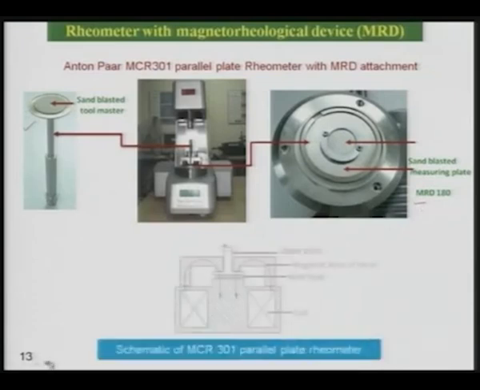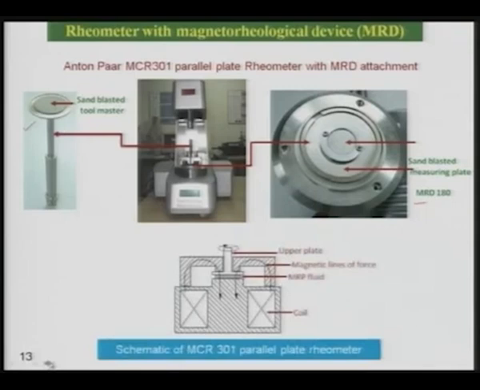Now, how it works: you can see here the coil, here is the upper plate, and then the coil is there, because we are evaluating the properties of the MR polishing fluid under the magnetic field, since the MRAP process uses the magnetic field during finishing.